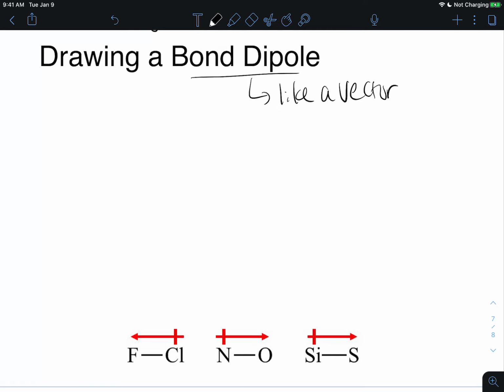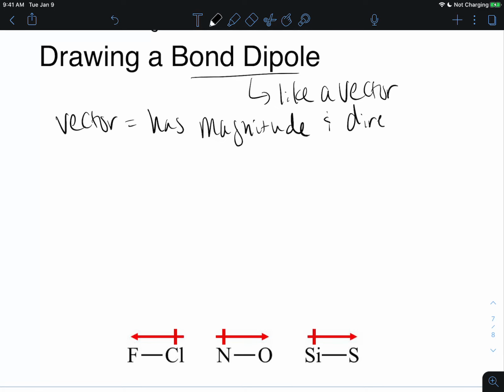A vector has magnitude and direction, and so does a bond dipole. But while our bond dipole points towards the negative, a vector will point towards the positive. So again, same idea as a vector, but pointed in a different way if you are a physics person. If you are not, just ignore everything I just said.